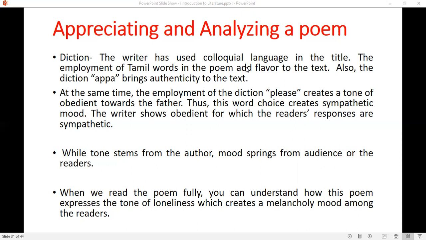While tone stems from the author, mood springs from the audience or the readers. When we read the poem fully, you can understand how this poem expresses the tone of loneliness, which creates a melancholy mood among the readers. Additionally, you have learned two more terms, tone and mood.